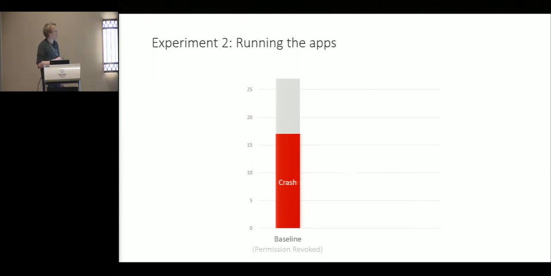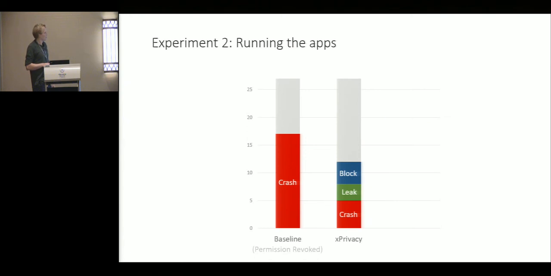And then we compare to XPrivacy, the open source tool that I mentioned before, that is very popular and has many users. And here you can see an interesting result, actually. We have 5 cases where the application crashes with a fixed mock value. We have 4 cases, sorry, that just hang.